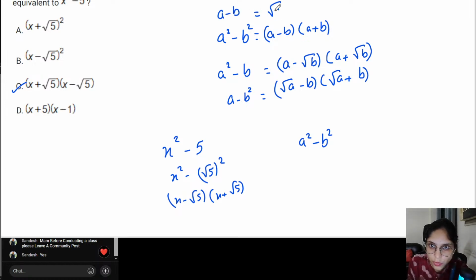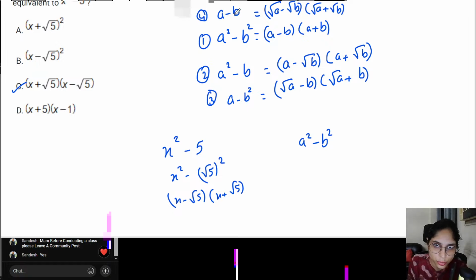Then this is going to be square root of a minus square root of b times square root of a plus square root of b. They can give any variation. But whenever two terms are being subtracted and they want an equivalent expression, you have to apply any of these four formulas. Question number 12.